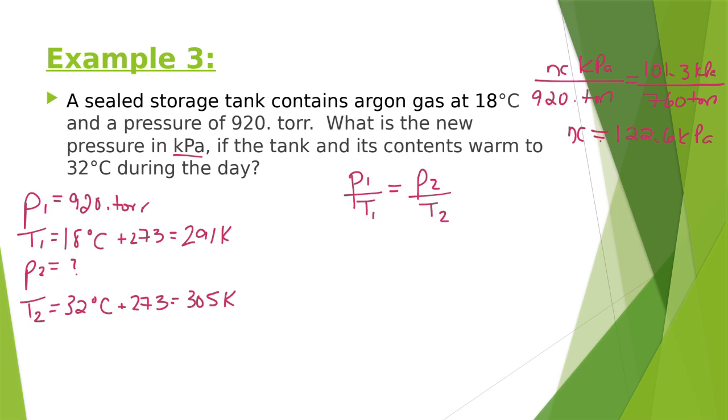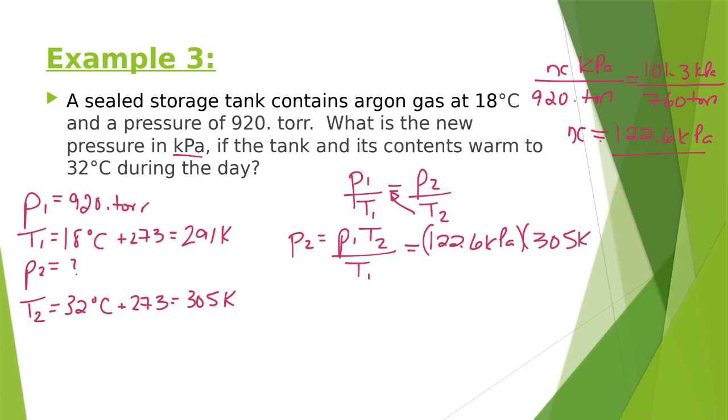So if I'm solving for P2, I'm going to take T2, bring it up and over. So P2 is equal to P1 T2 divided by T1. And again, make sure that you're putting everything in the proper spot. P1 is not 920 torr. It is this. We converted. So it's 122.6 kPa. T2 is 305 Kelvin.